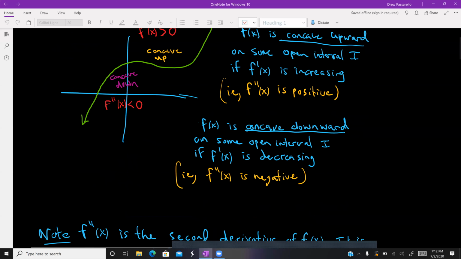Similarly, concave downward on an open interval I is when its first derivative is decreasing. In other words, the second derivative is negative. So the graph of the derivative is decreasing. That means it's going to be concave downward, and that also translates into just saying the second derivative is negative.